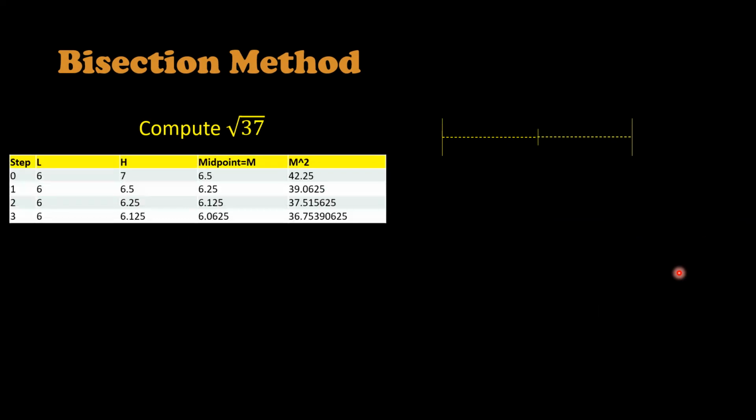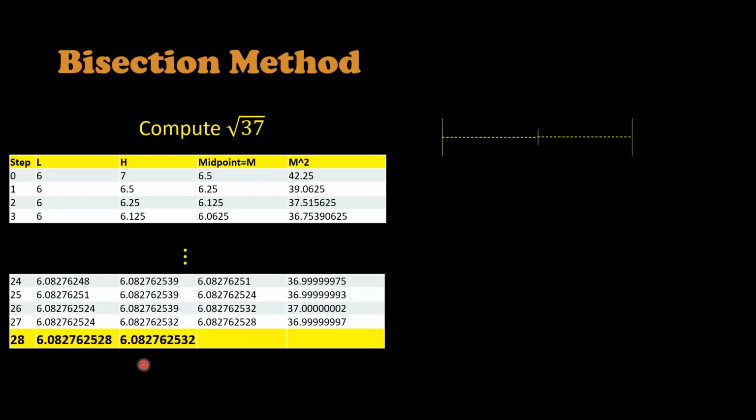I plugged these numbers into Google Sheets, right? And so I've got the step number over here, my lower bound, my upper bound, and then my next midpoint, and then my check to see whether this is a lower bound or an upper bound. And if we kept going until step 28, we'd get these two crazy numbers for the square root of 37.